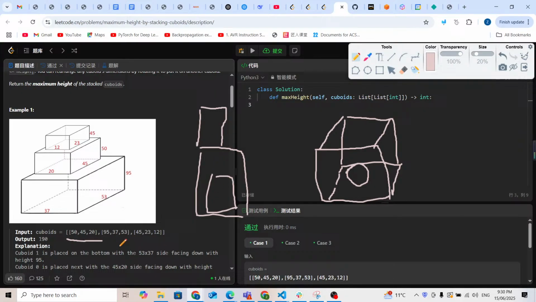So for the first step, according to the greedy idea, we sort each cuboid's dimensions by length, width, and height. In this way, the third dimension is going to be the height, and the first dimension is going to be the length, then the width and height. Then we use the longest increasing subsequence to find the height, and this is going to be easier to solve.